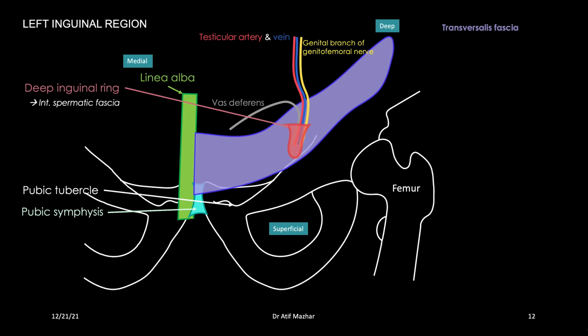And what is this wrap? This is the wrap which they have dragged from the fascia transversalis. This is the part of my fascia transversalis which is covering and coming along, and it is called the internal spermatic fascia.